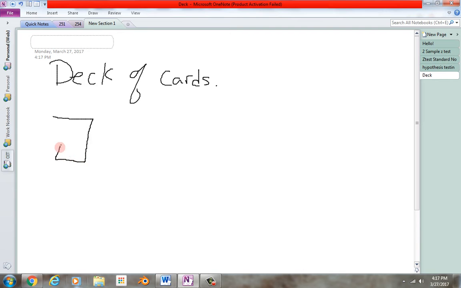And they pull out the 6 of hearts. Yay. And they stick it back in, and I shuffle 15 or 20 times. And I ask them to pull out another card. So they pull out another card, and son of a gun, if it isn't a 4 of diamonds.